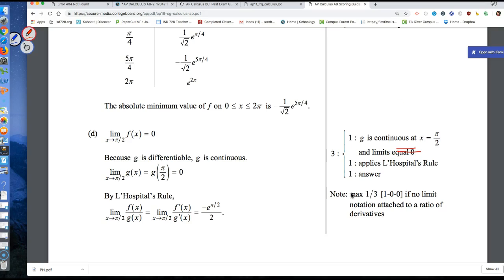Put your pencil down when you think you have enough to earn, let's say, 3 points. Although last year it was 3 points because there was a continuity issue as well, but we'll just pretend it's 3. I'll pass out the homework. Pencils down when you think you've written enough to earn.